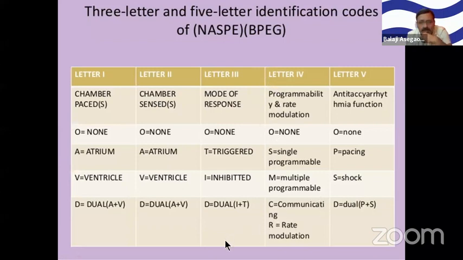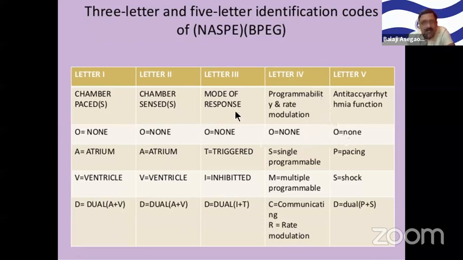Suppose we put a pacemaker VVI or DDD, what does it exactly mean? The first letter in this description is always the chamber paced. The second letter is the chamber sensed. And the third letter is the response, whether it is inhibitory, a trigger, or a dual response. The fourth and fifth letters are for advanced pacemakers, whether it is programmable, or can deliver shock.